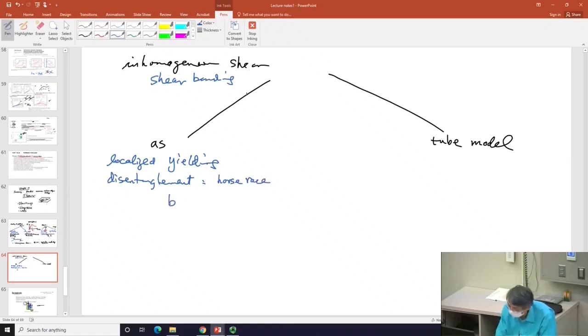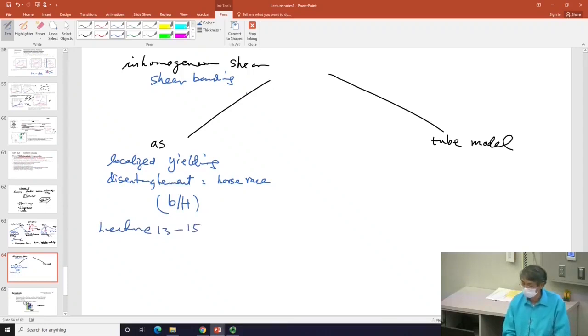And we talked about whether you could avoid shear banding or not, all depending on whether B over H is large or not. We went through all that, and of course, the shear banding is discussed from lecture 13 all the way to 15. There is quite a bit of discussion over there.